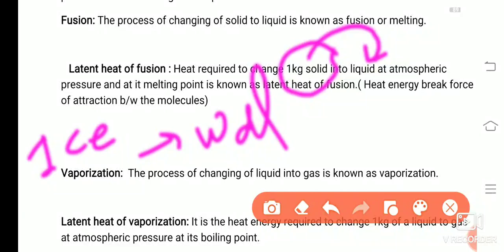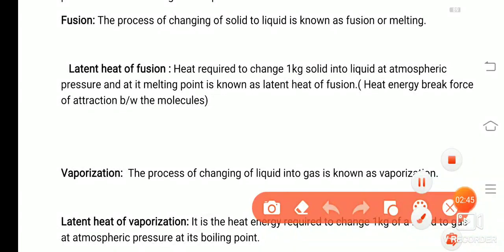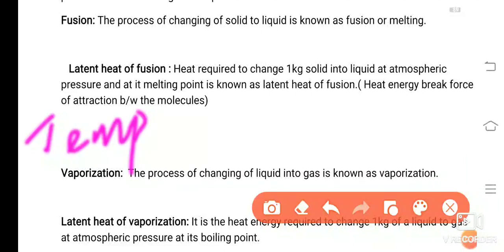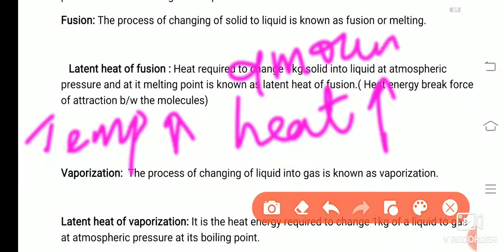Only by increasing the temperature. That means heat has to be given when solid is changing into liquid. Now, what amount of heat is given?